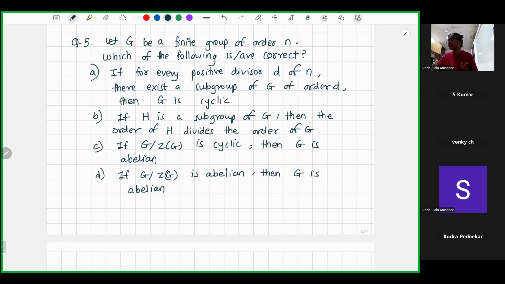So any guesses? Which one of these is true, false? Any counterexamples or proofs?